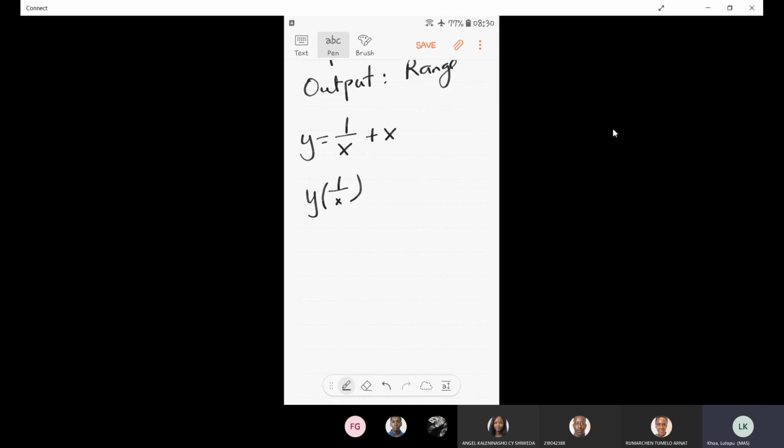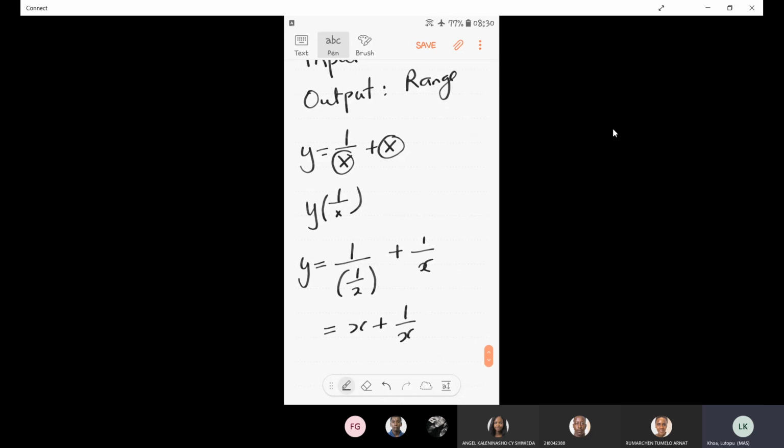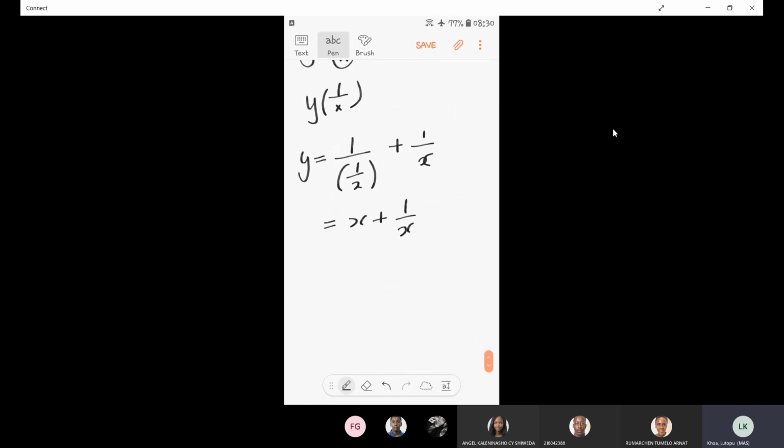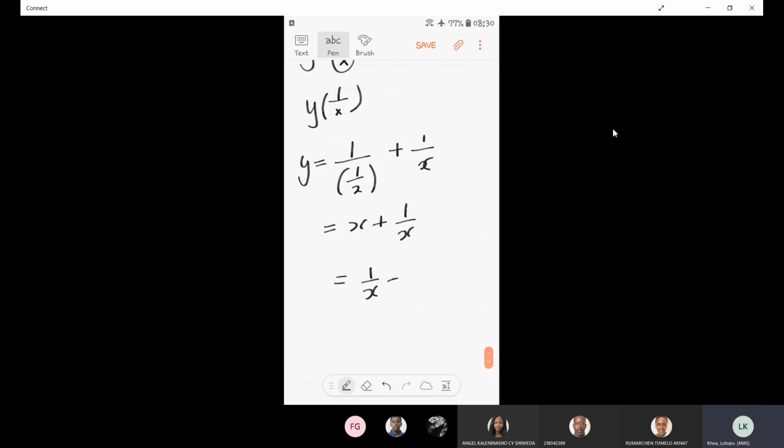Everywhere I have x, I'm going to replace that with 1 over x. So y is equal to 1 over 1 over x plus 1 over x, and this is just x plus 1 over x, which is the same as what we started with. So you can rewrite this as 1 over x plus x.